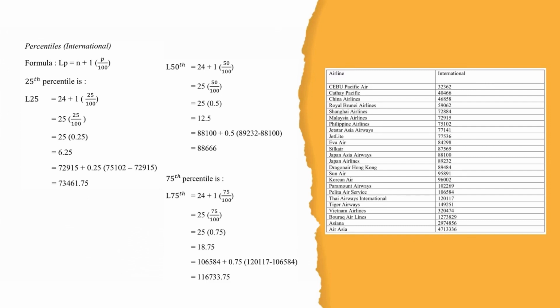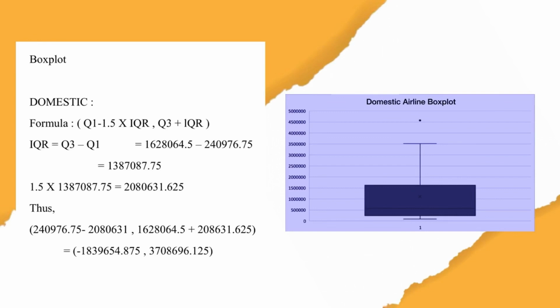The 25% for international is 73,461.75, the 50% for international is 88,666, and the 75% for international is 116,733.75. Next, for the box plots, we use the formulas Q1 minus 1.5 multiplied by IQR, and Q3 plus 1.5 multiplied by IQR.